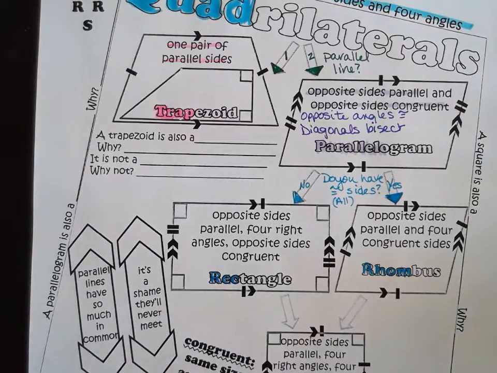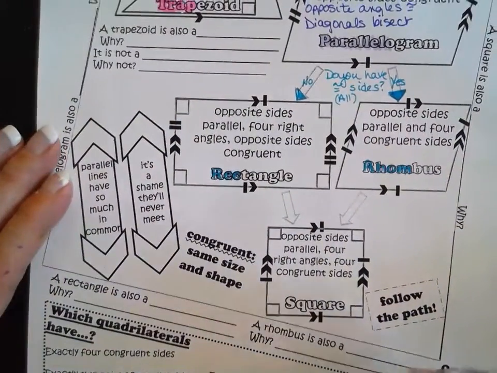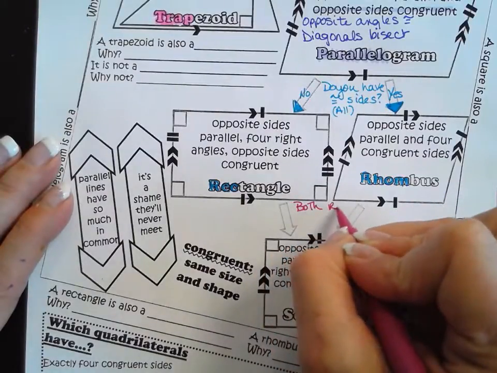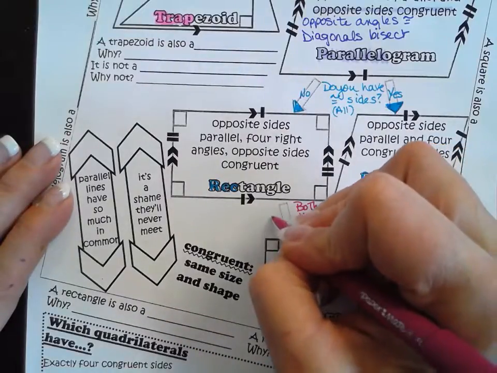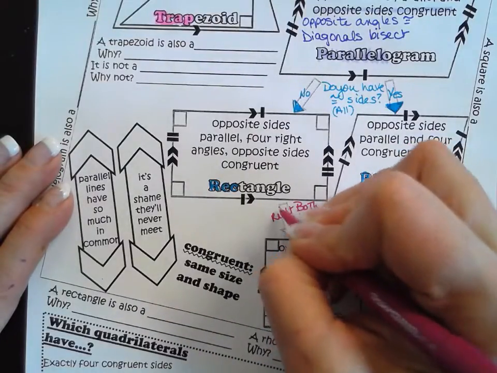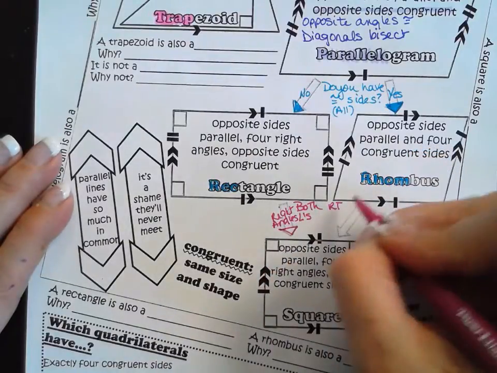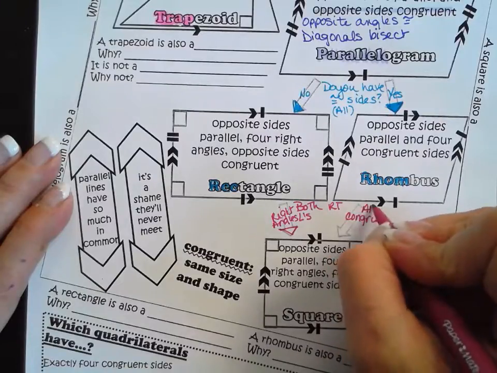Okay. Then the last question to ask is, do I have both right angles, because that's coming from my rectangle, and congruent sides, all congruent sides.